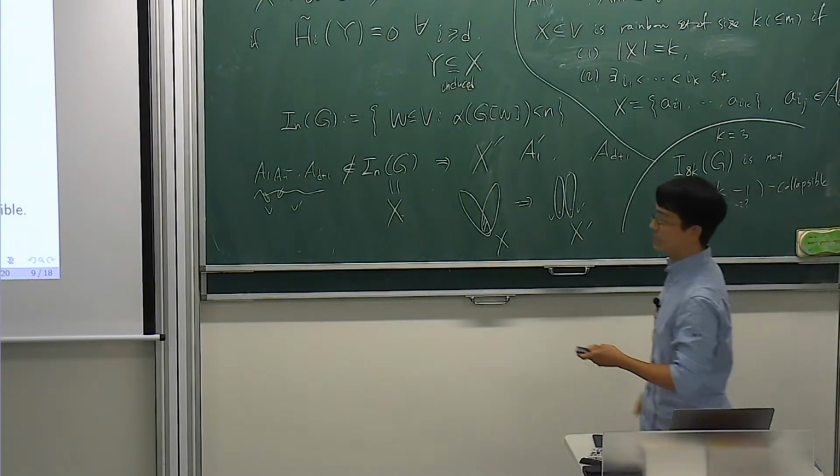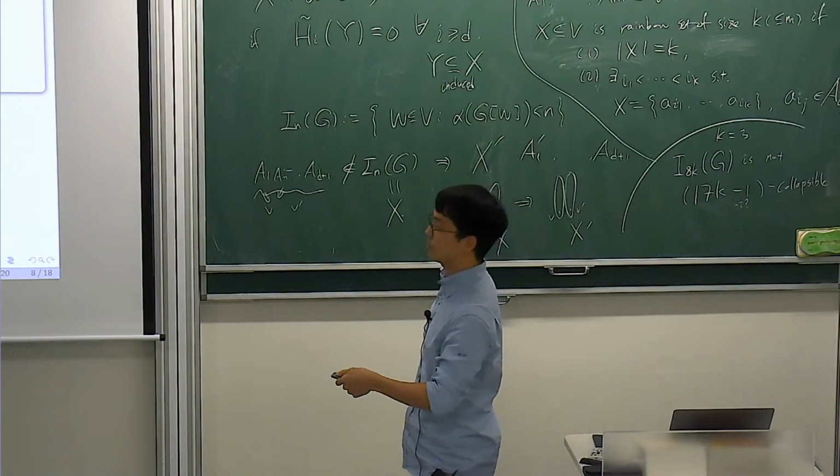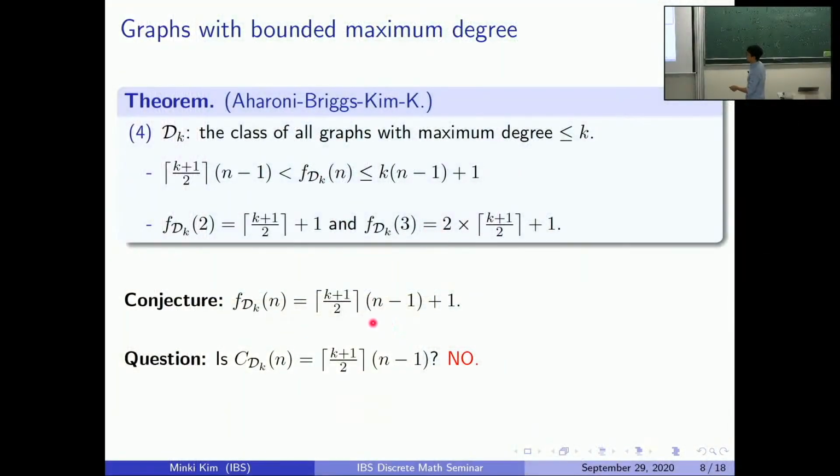But it still does not meet this conjecture, because when k equals 3, the conjecture means, in this case, 2 times (8k minus 1). This is smaller than 17k.